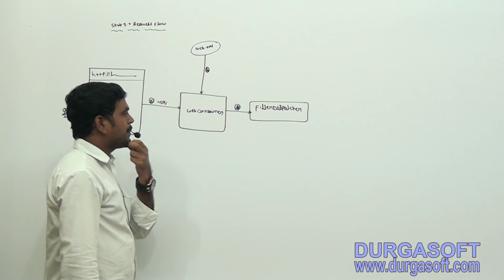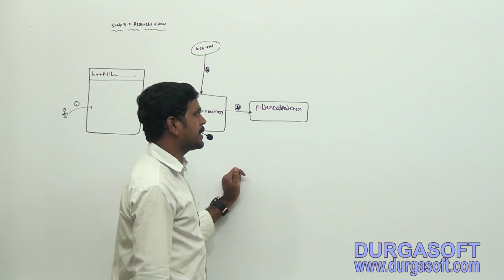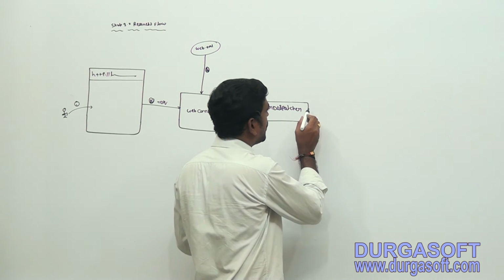Now this filter dispatcher forwards the request internally to the action proxy.